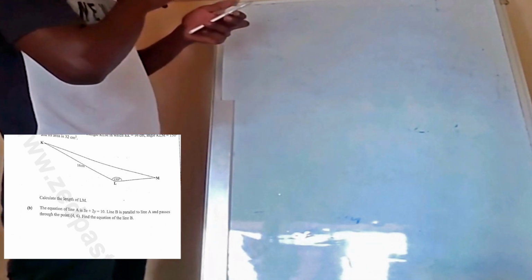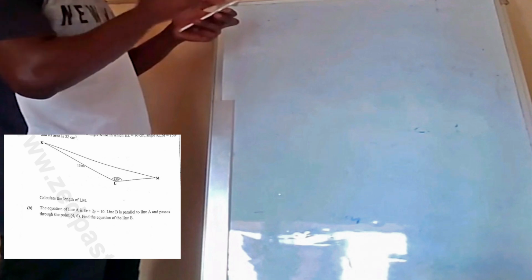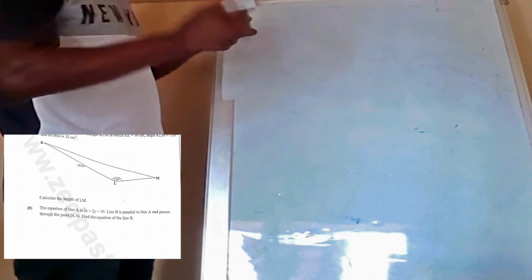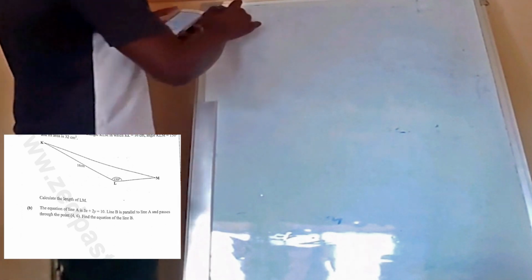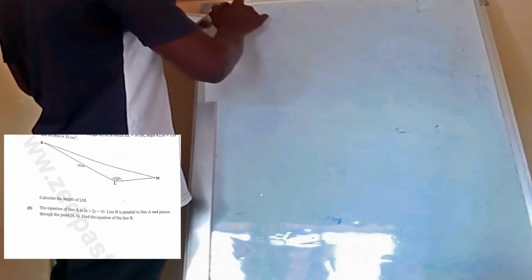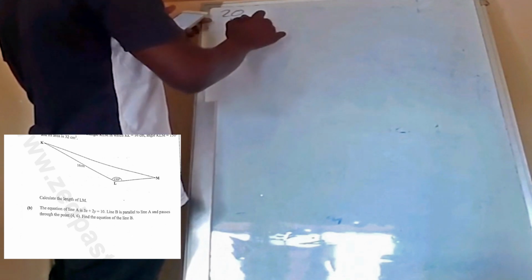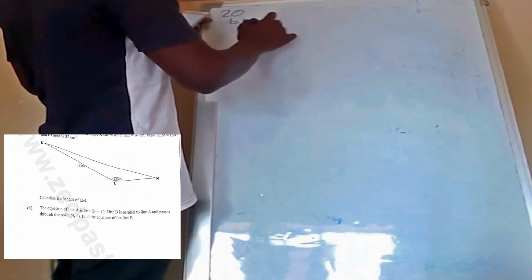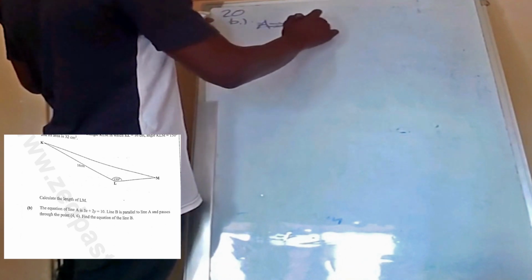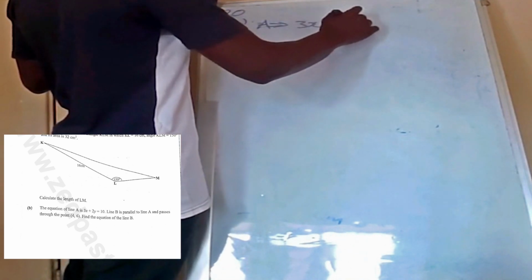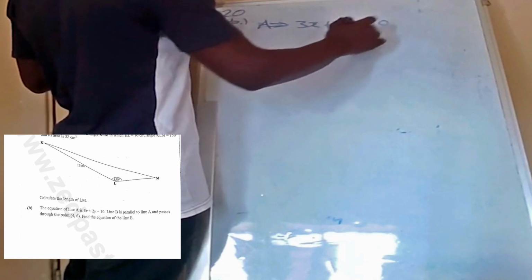Question number 20B is saying the equation of line A is 3x plus 2y equals 10.